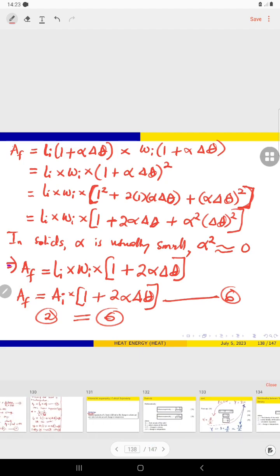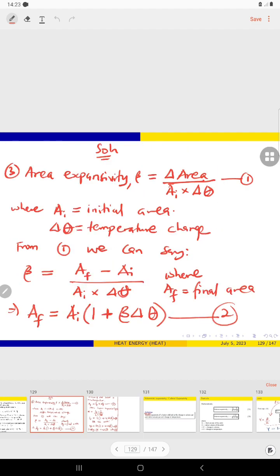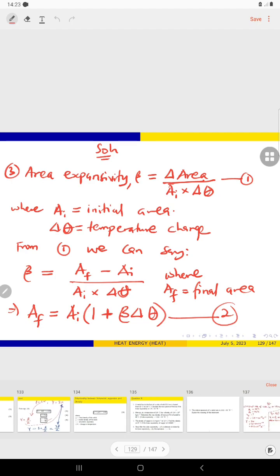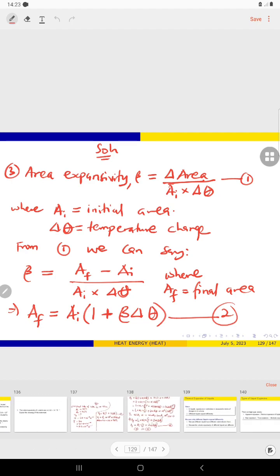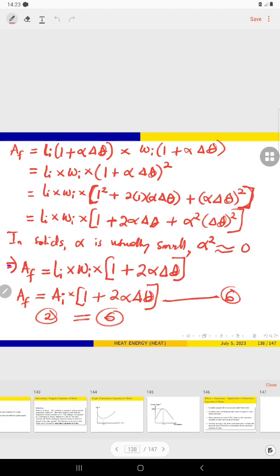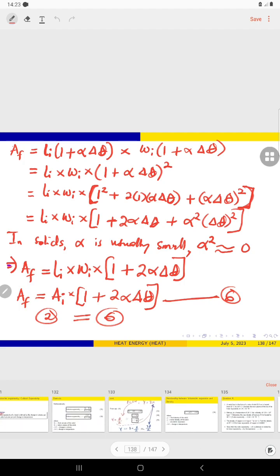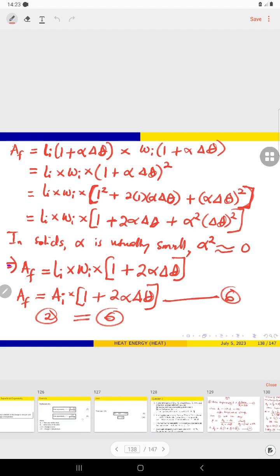Look at this. Okay, and look at this. They are equal, right? So when we equate them, then what are we going to get? This is going to be our equation.